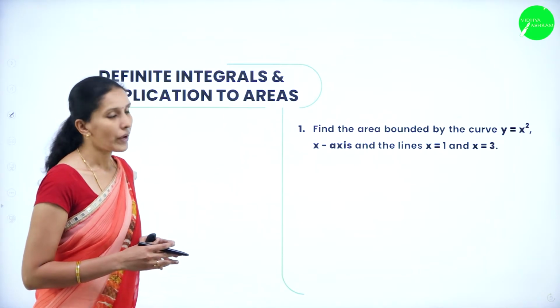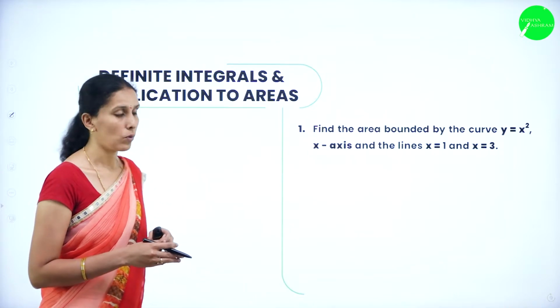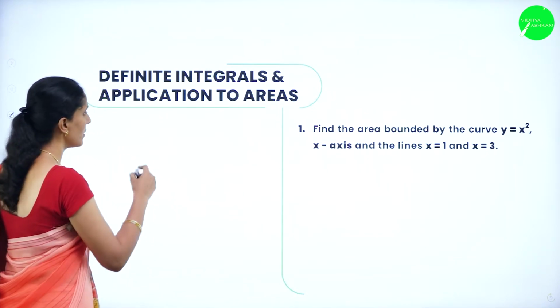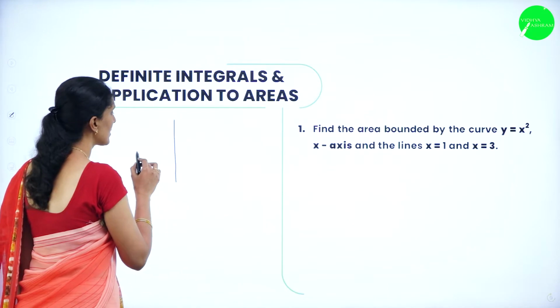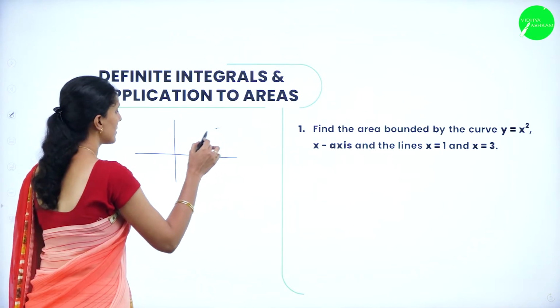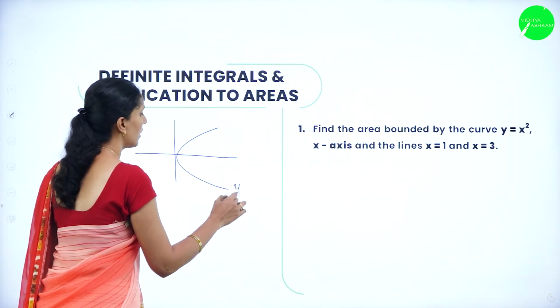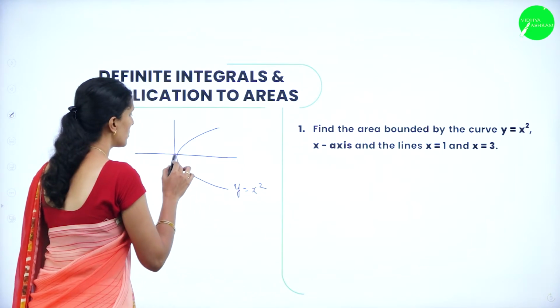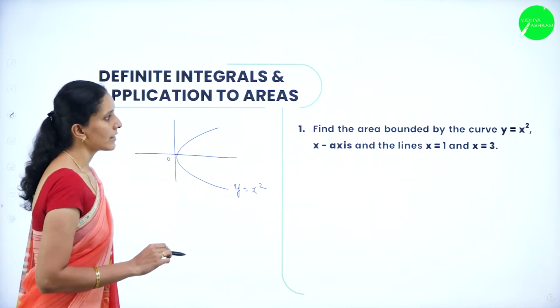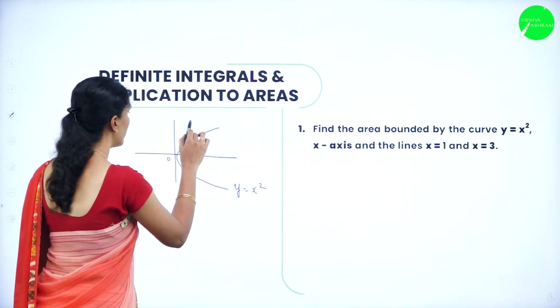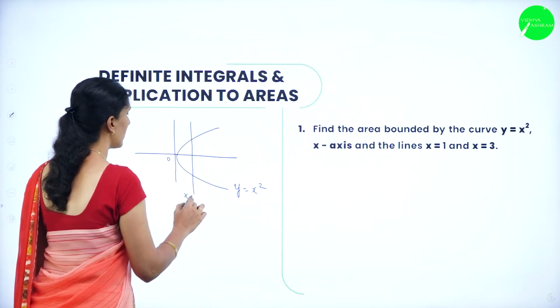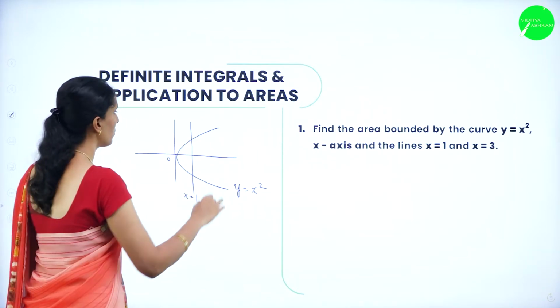So y is equal to x square is a parabola. y is equal to x square means you will get the parabola like this. So this is your curve, y is equal to x square. If this is 0, x is equal to 1 is one line. So these are the lines x is equal to 1 and x is equal to 3.